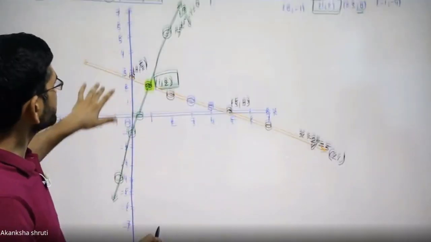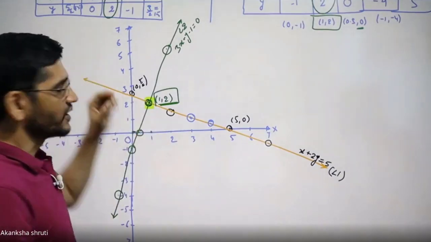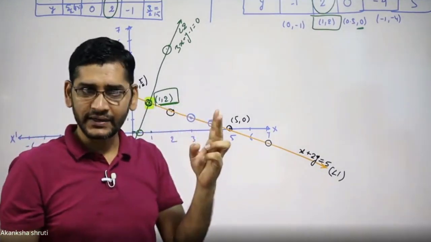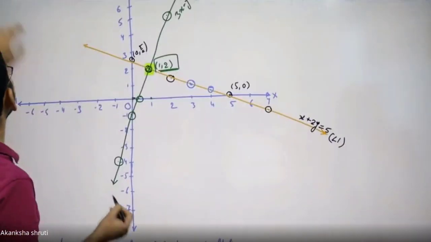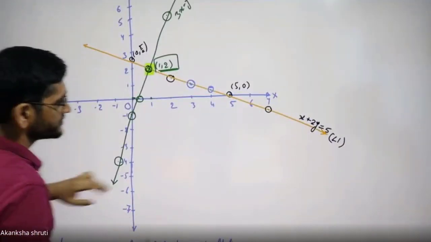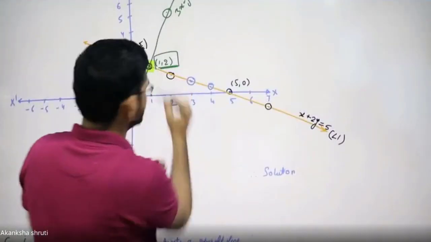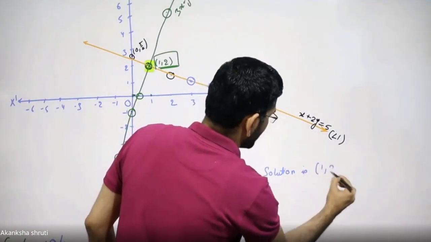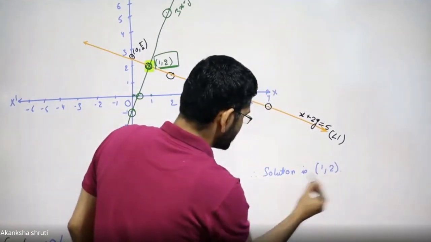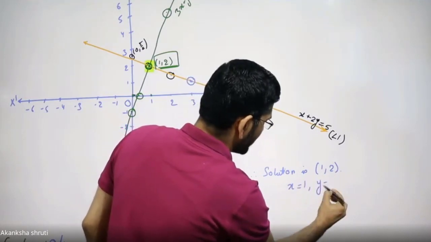So after plotting, here you have to write a few things. What is that? One thing you have to write is the scale, another thing is the solution. So right from here, therefore, solution: just write the coordinate of this is 1, 2, or better, to separate the values of x and y, x is equal to 1, y is equal to 2.